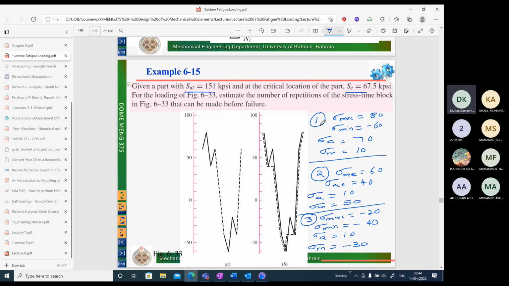Now, if I use the Gerber curve, first I need to figure out what is the factor of safety, fatigue factor of safety. Depending upon the fatigue factor of safety, I need to figure out whether I have infinite life or finite life.